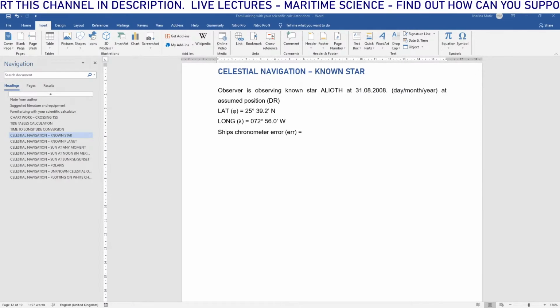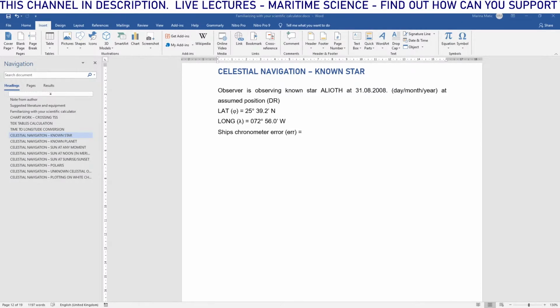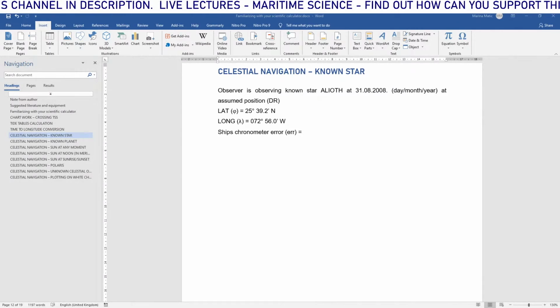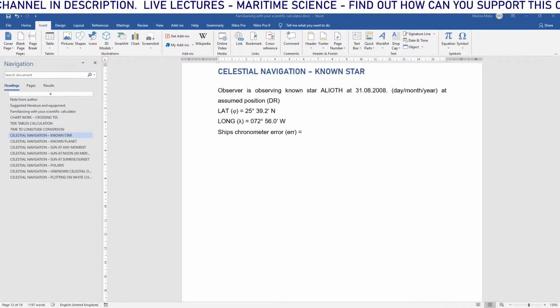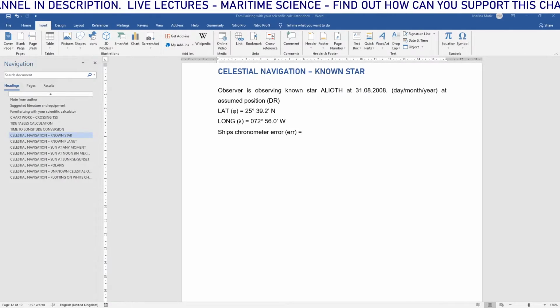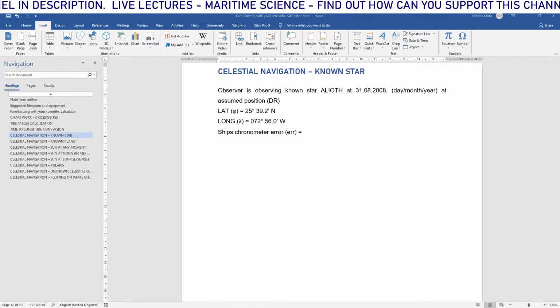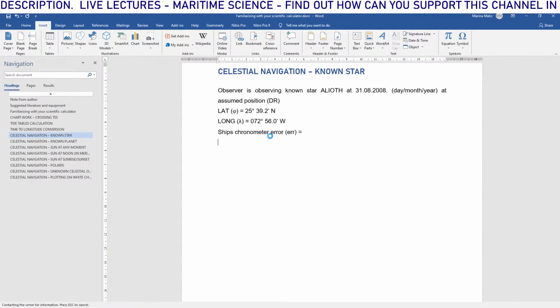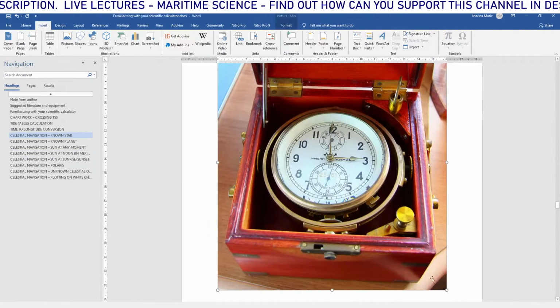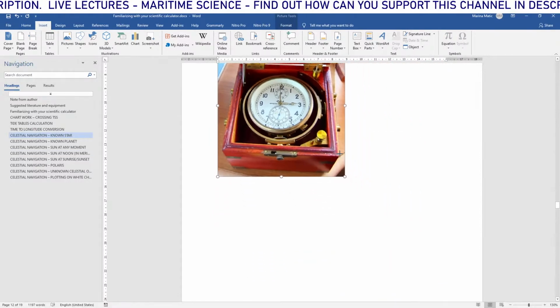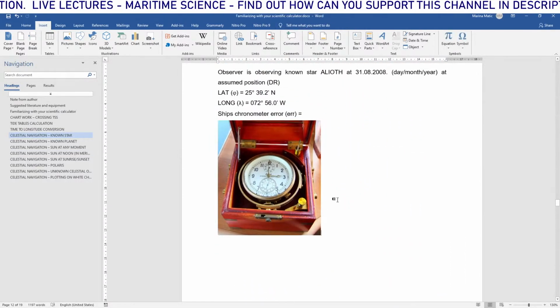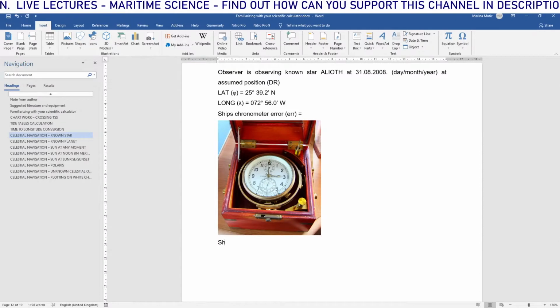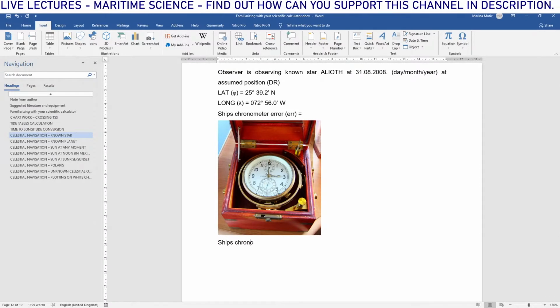Ship's chronometer, let's put it here. So this is copy image. Okay, so this is the ship's chronometer.